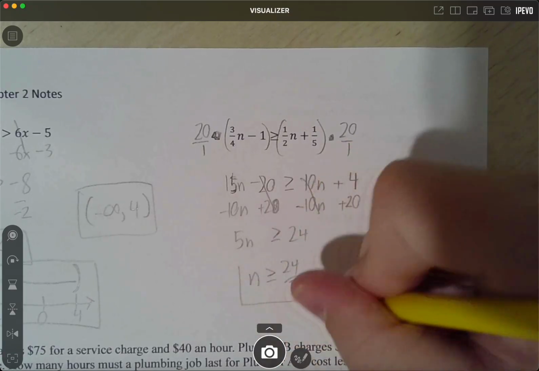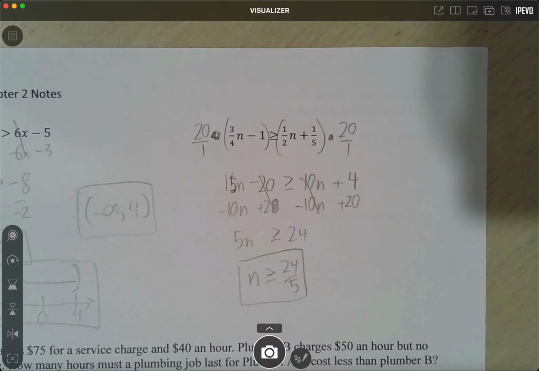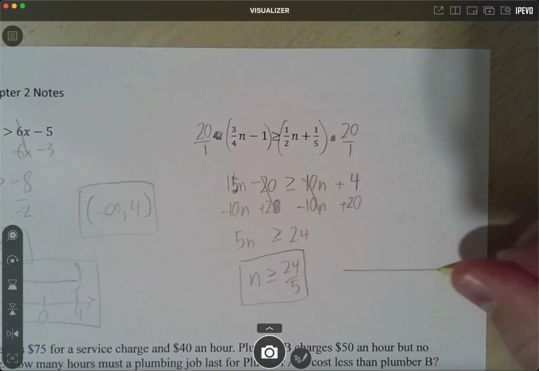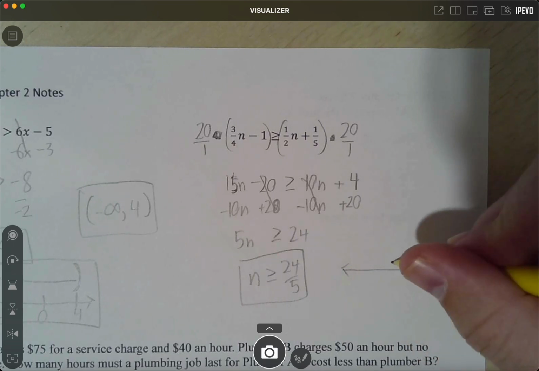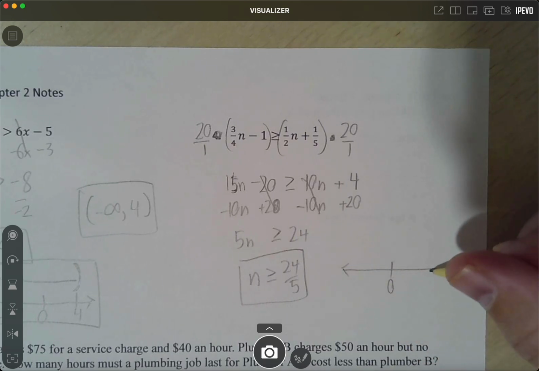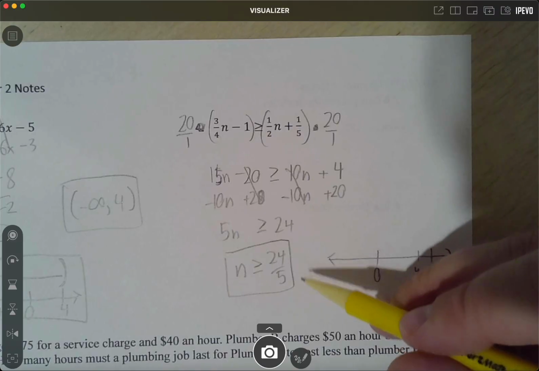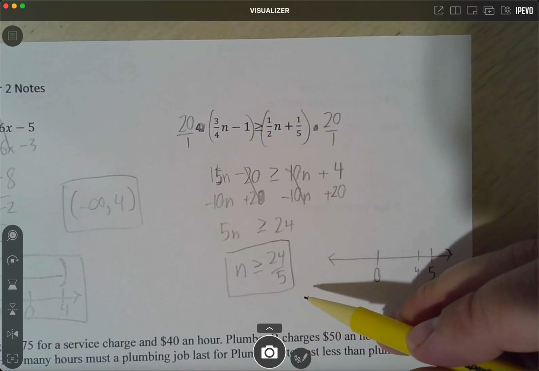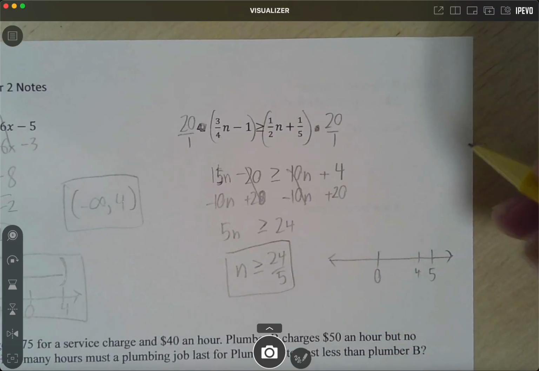This time there was no flipping of the inequality because, again, I did not divide by a negative. Okay. 24 over 5, just remember that that's, here's 0, here's 5 and 4, to some sort of scale. Remember that 24/5 is almost 5, but it's not quite there yet.